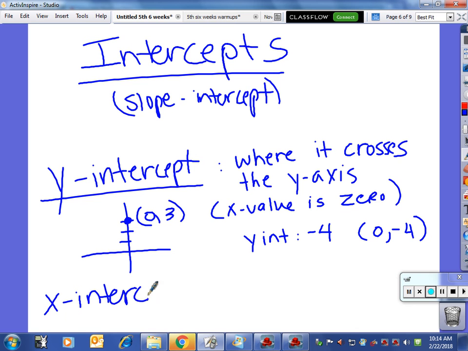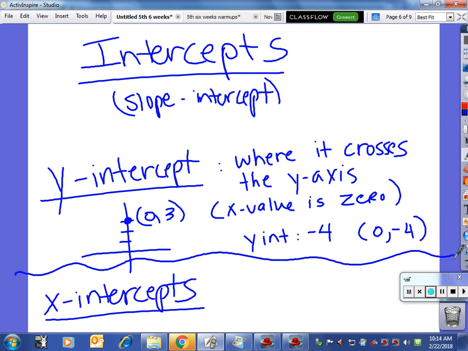X-intercepts, which we have done a whole bunch of work with when we did quadratic functions. What's another word for x-intercepts? The zeros. What else? The roots. Usually we talk about zeros and roots when we're talking about quadratic functions, but you can find the zero of a line as well, or the zero of an exponential function.